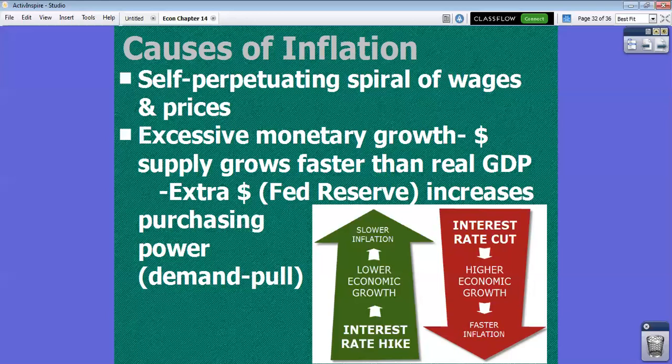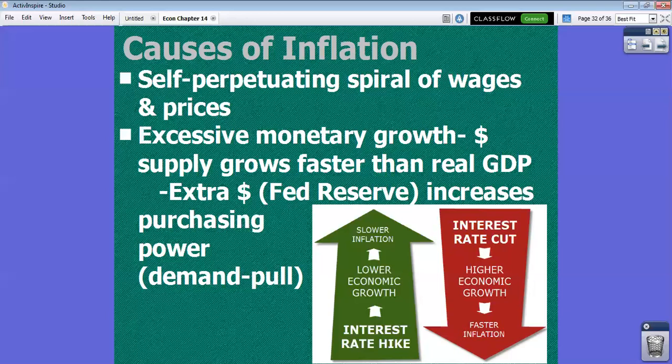It just keeps happening. Another cause of inflation is excessive monetary growth. We're going to spend a lot of time looking at monetary policy in the coming weeks. But monetary policy is when the Federal Reserve gets involved in our economy, and they can either increase the amount of money out there or decrease it. If they begin to increase the amount of money in circulation by having lower interest rates, they're going to cause inflation.